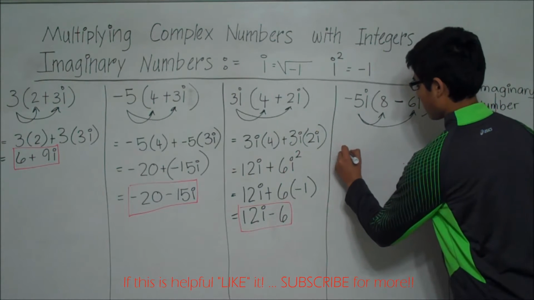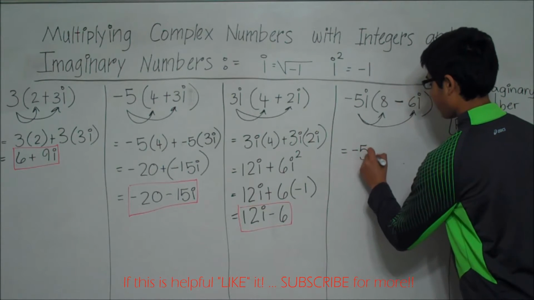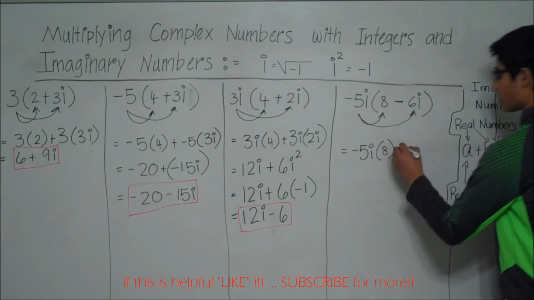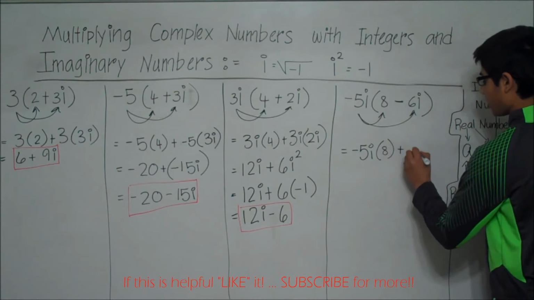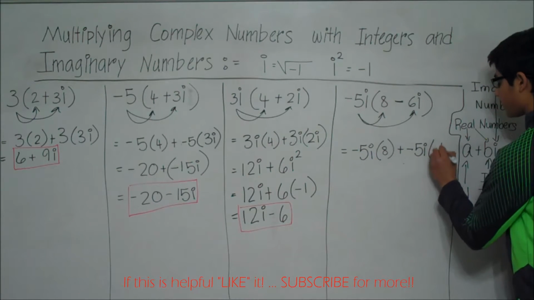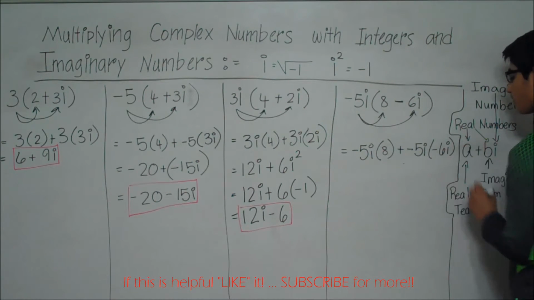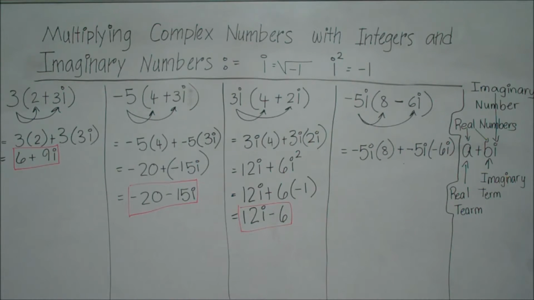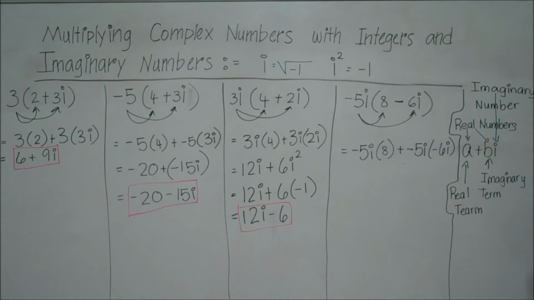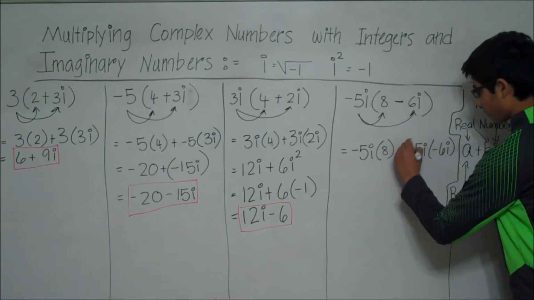So we get negative 5i times 8 plus negative 5i times negative 6i.